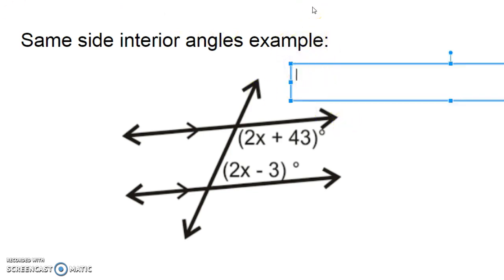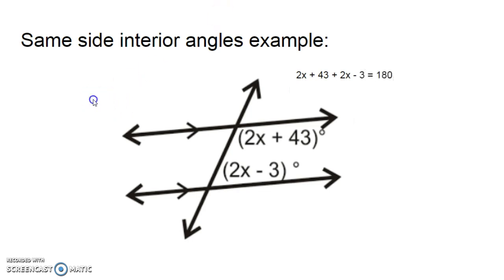Okay, so you'll take 2x plus 43 plus 2x minus 3 equals 180. That's how you would set that up. Once you solve for x, you can plug it back in and get the degrees.